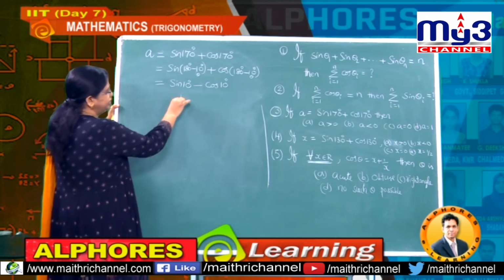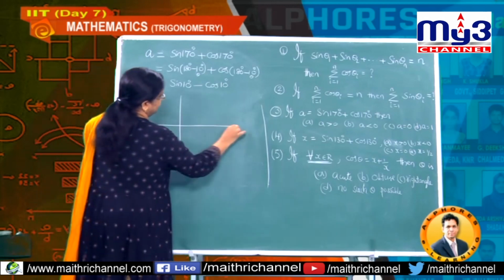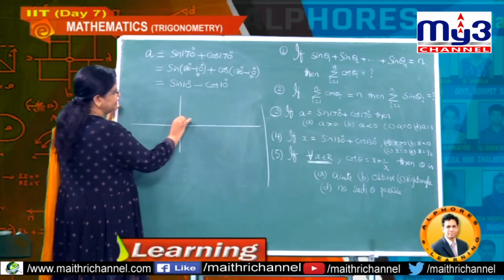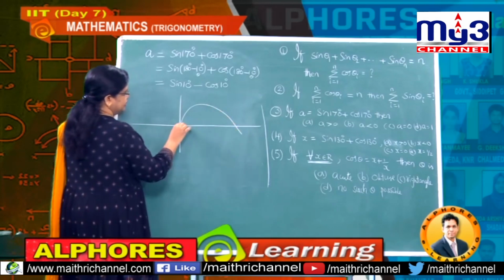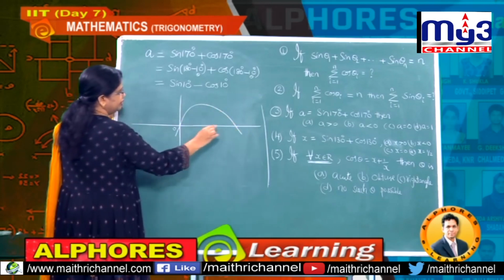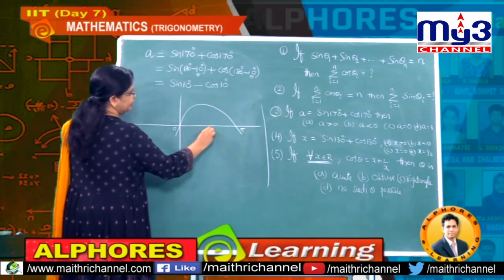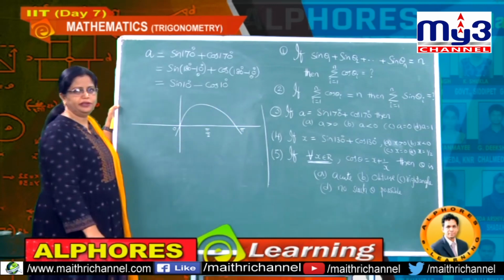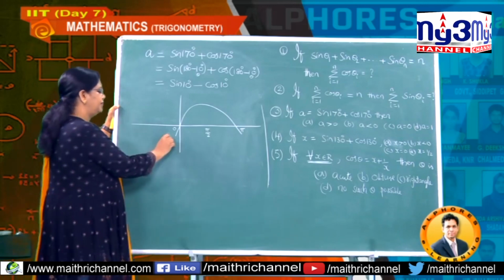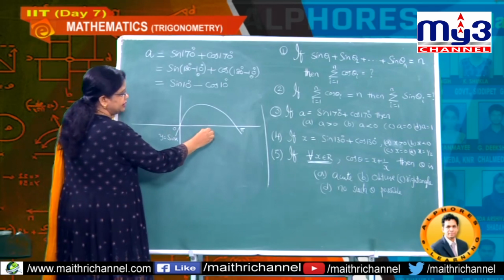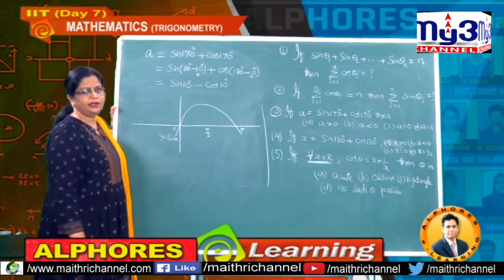One of the methods is just based on the graph. What is the sine graph? We have observed the sine graph is from here to here. This is 0, and this is where it meets the x axis again at pi, and this one is pi by 2. This is y equal to sine x, and pi by 2 means 90 degrees.